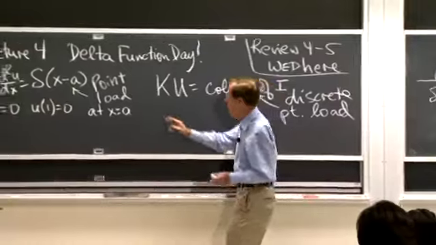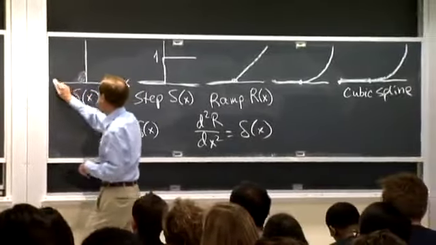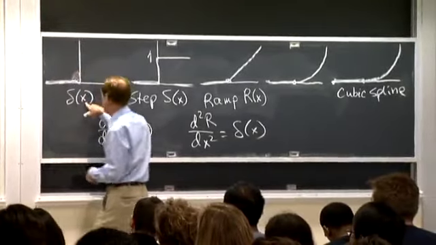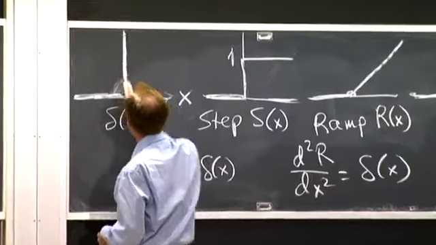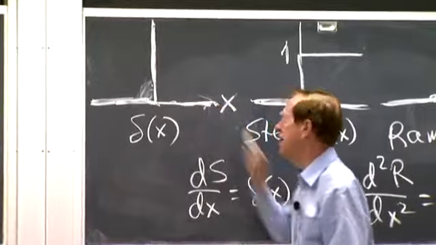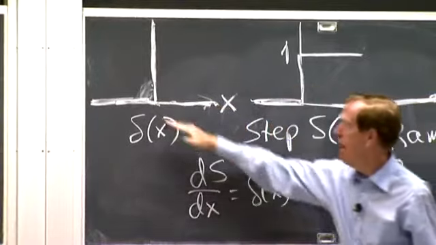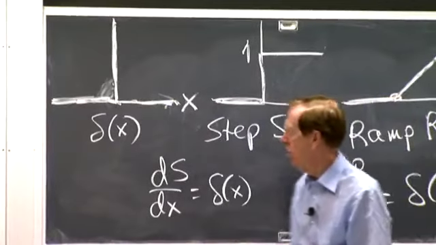So the delta function, I drew its picture. This is delta of x, it is 0 except at that one point, the origin, x equals 0, and then along and back to 0 again. So nothing's happening, no load, except at that one point.